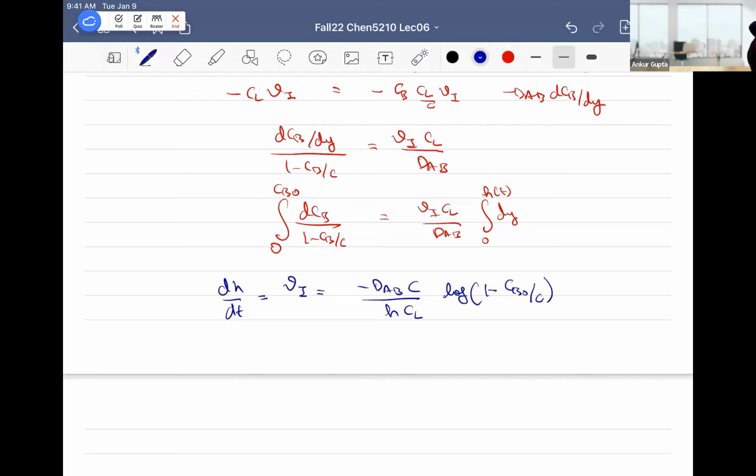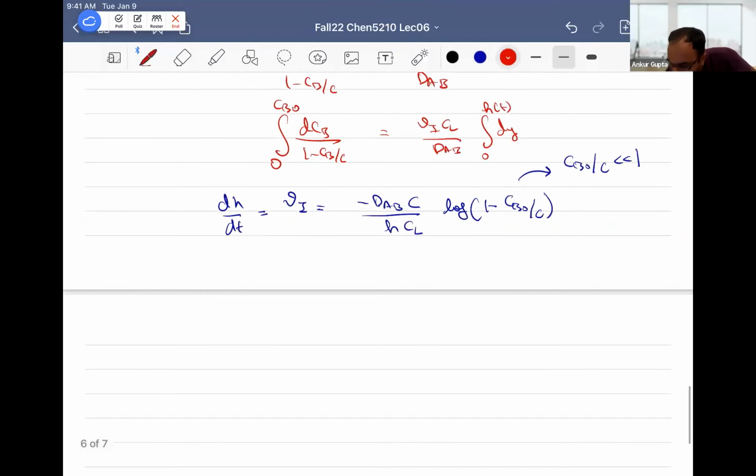One approximation you can make, and this is by no means necessary, this is just to simplify and show you something interesting, is I will further say CB naught by C is much less than 1. I'm just doing this out of simplicity. And I hope you remember that log of 1 minus x for x much smaller than 1 is minus x, right?